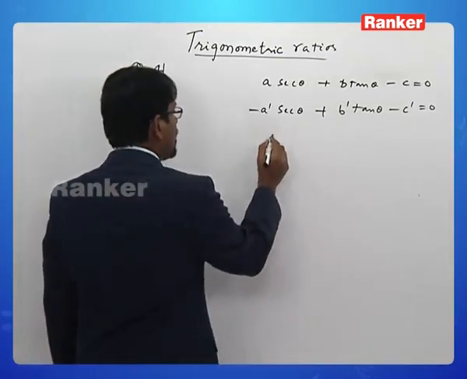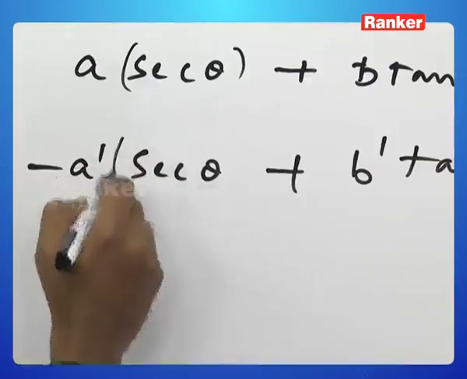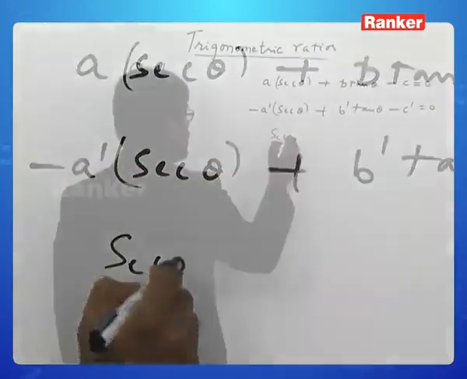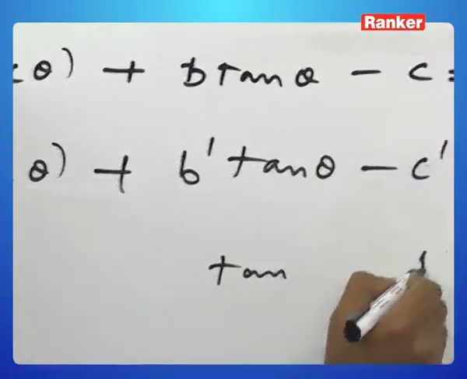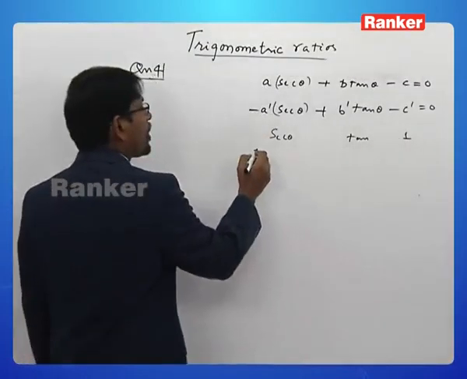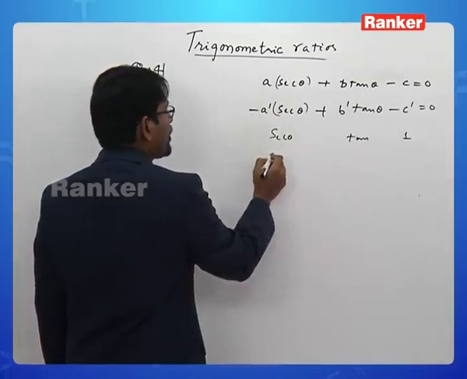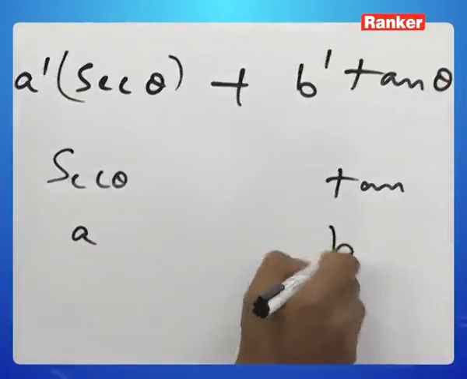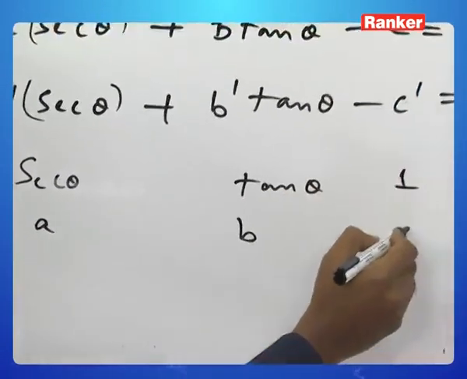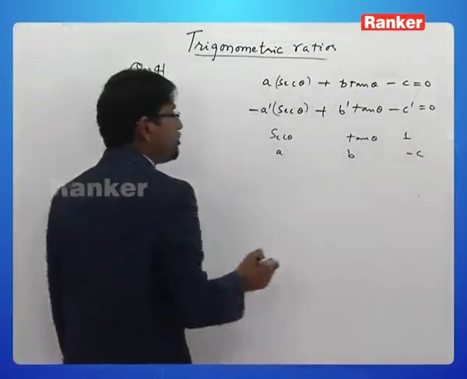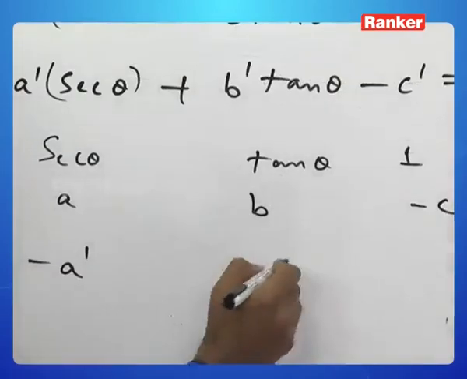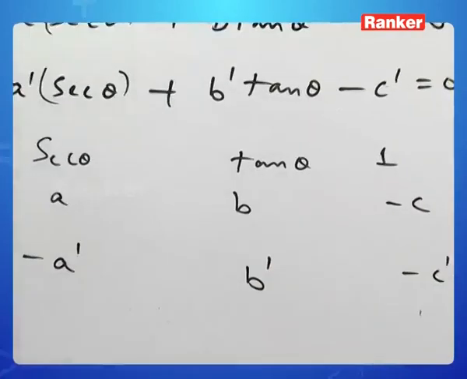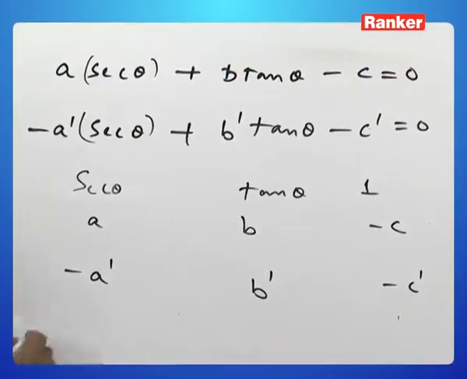Now here we have to eliminate theta, so let's find out secant theta and tan theta. We'll write the cross ratio formula. So what do we have the coefficients to be? A, b and minus c. What do we have here? Minus a dash, b dash and minus c dash. Let's use the cross ratio formula.